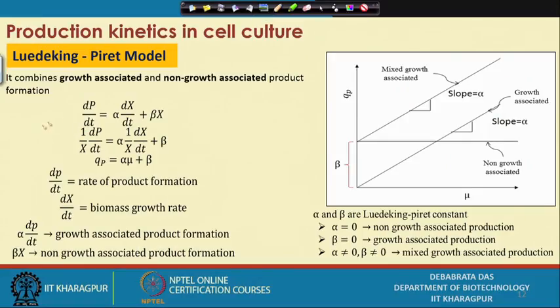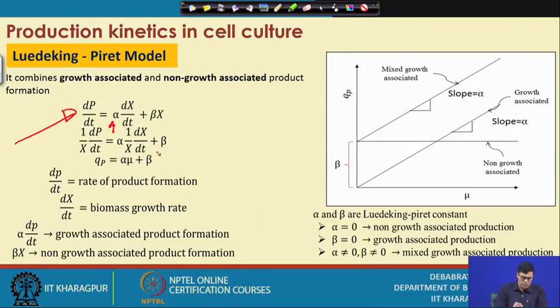Luedeking-Piret proposed the equation like this, that you can see here: dp by dt equal to alpha dx by dt plus beta into x, where alpha is the growth associated coefficient, and beta is the non-growth associated coefficient.